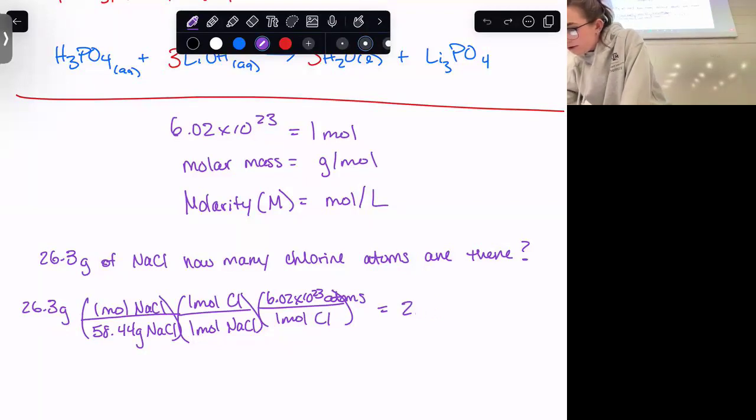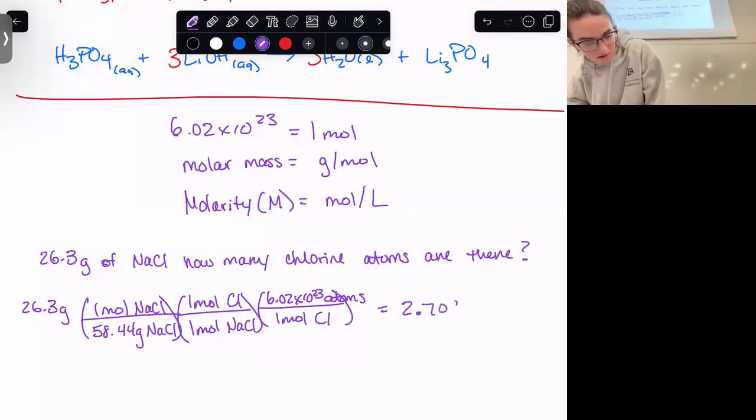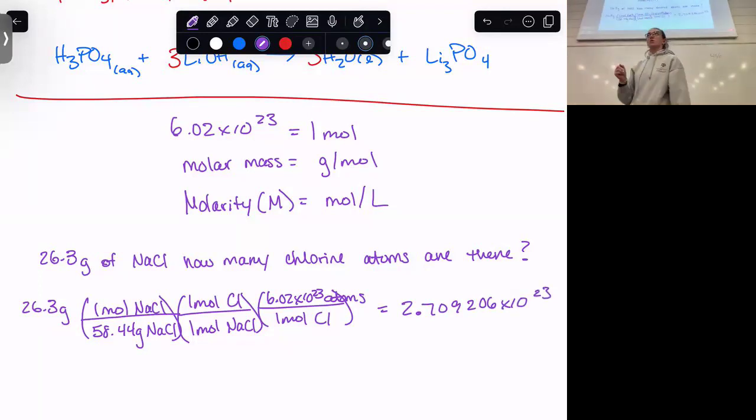I heard someone say sig figs earlier. How many sig figs do we need? 3. So what are we rounding to?